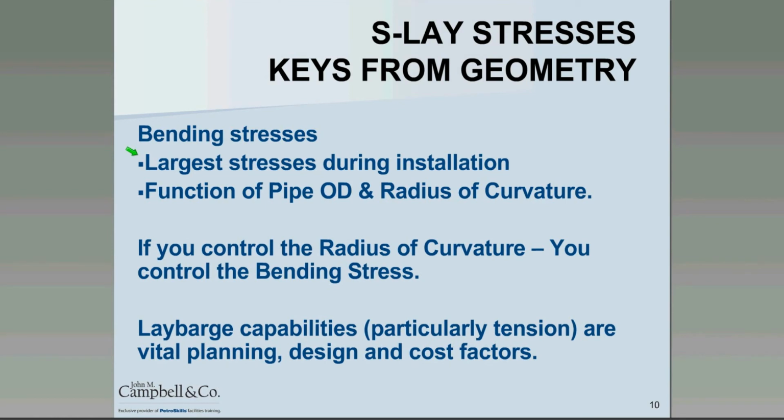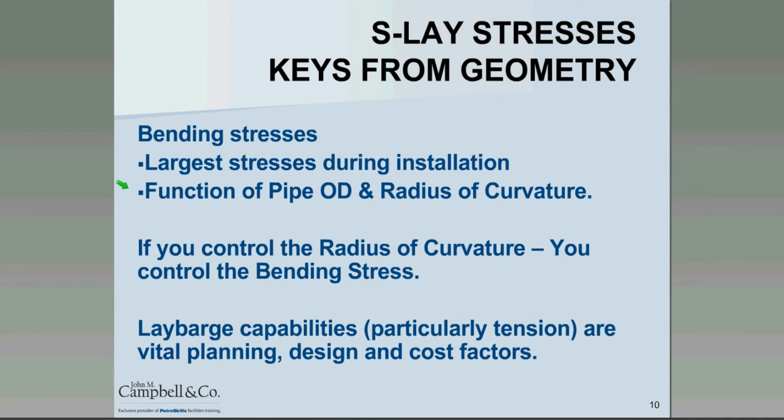That the bending stresses are definitely a function of pipe diameter and the radius of curvature, and the radius of curvature is a function of pipe weight and tension. If you want to control your bending stresses, you control radius of curvature. And I do that with pipe weight and pipe tension.